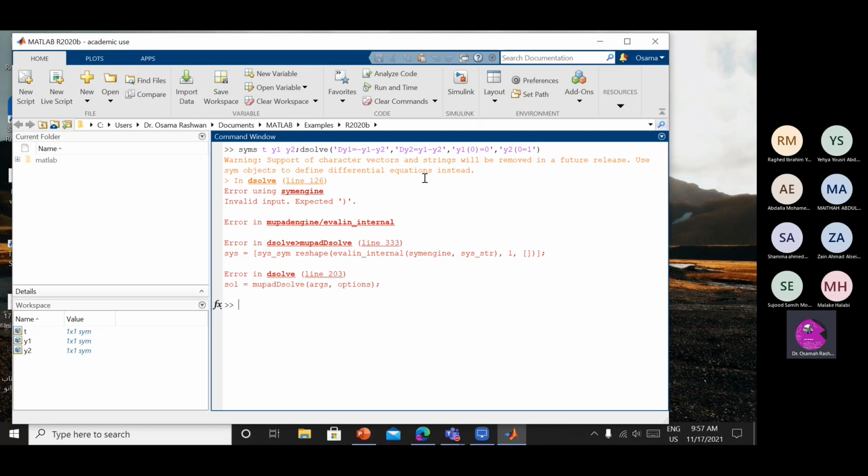Yes, we have a problem with the symbols y1 and y2. So I can replace y1 by x, and I can replace y2 by y. So I call this one x, I call this one y. This is still x.